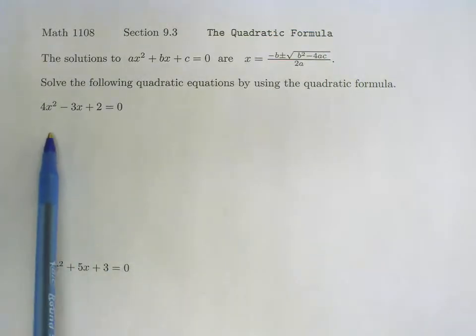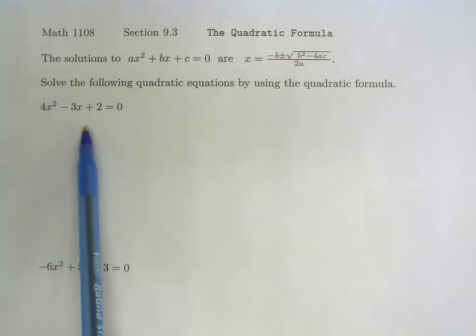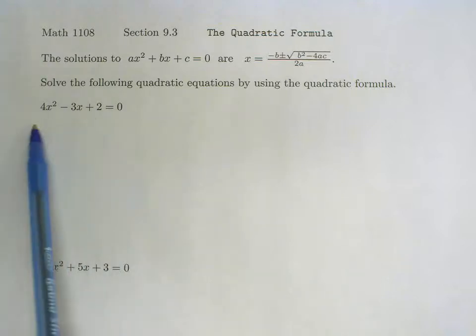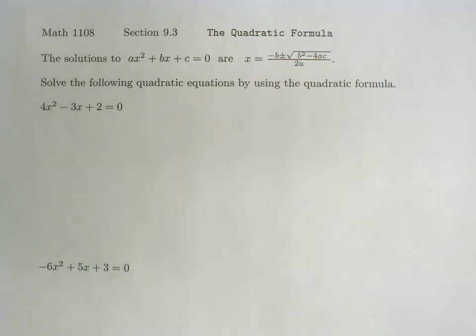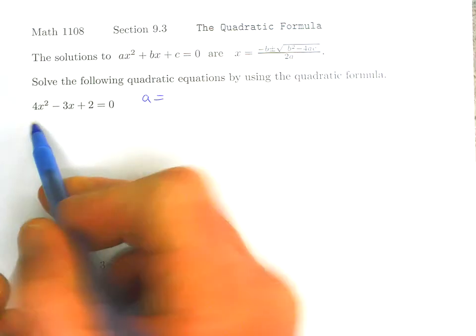Okay, so before assigning lowercase a, lowercase b, and lowercase c, you have to make sure that it's in standard form first. So a is the coefficient of x squared.